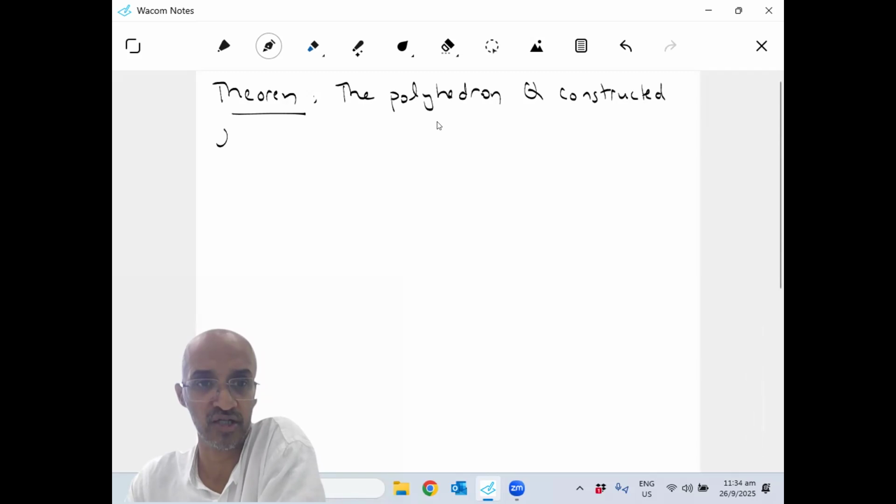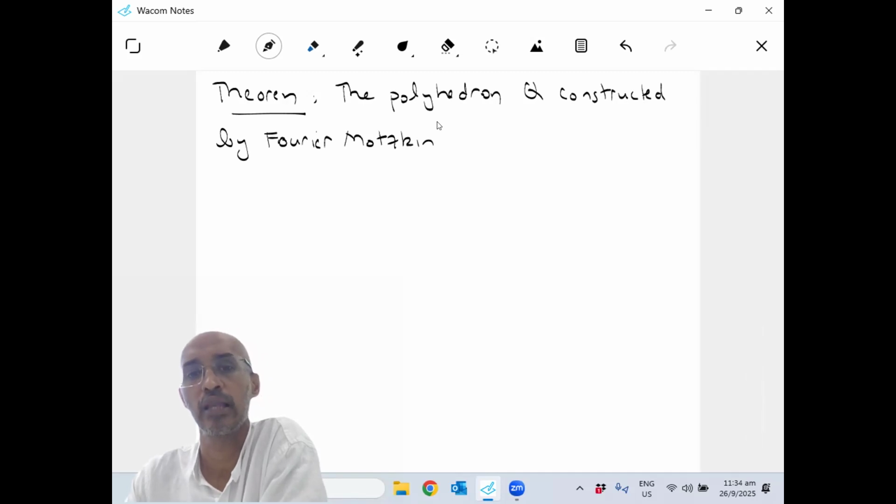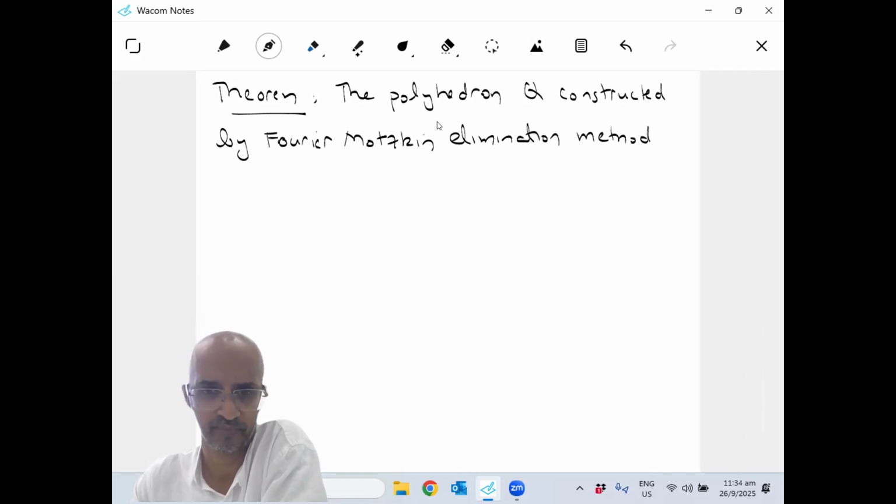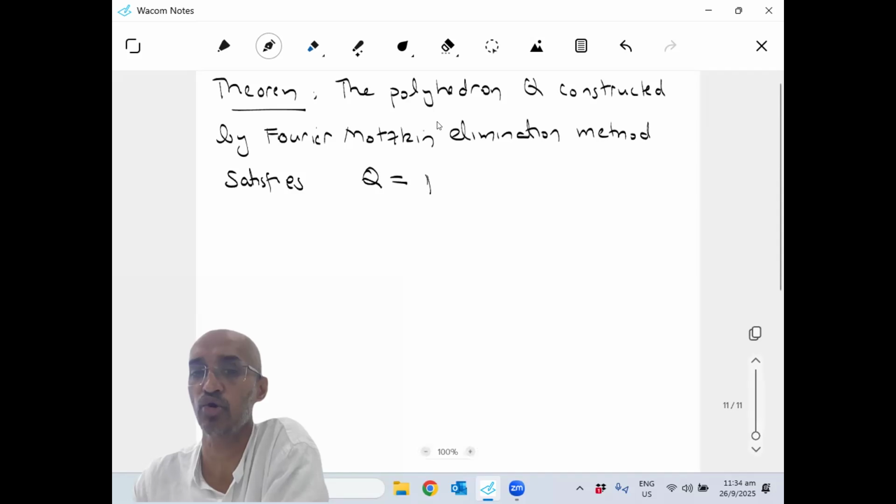The elimination method, constructed by the Fourier-Motzkin, named after the people who developed the Fourier-Motzkin elimination method, satisfies: Q is exactly the projection of P onto the n minus 1 variables.